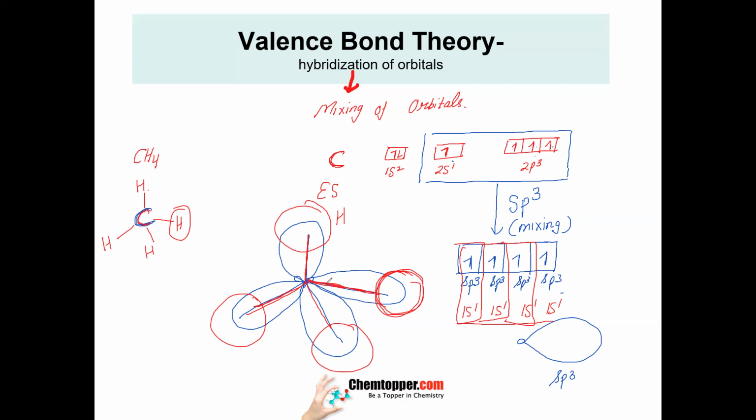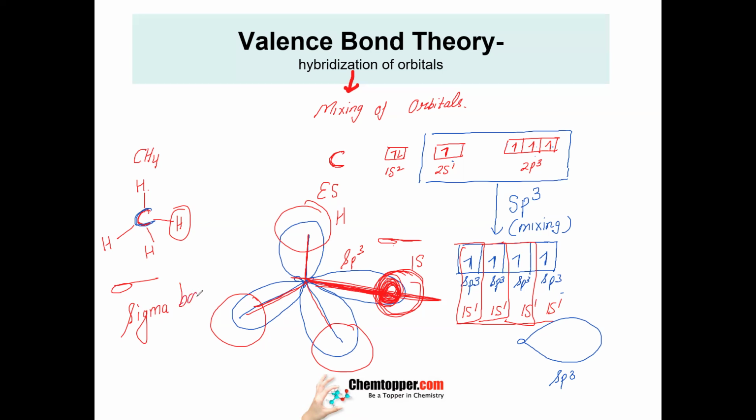Now, this is the axis of the sp3 orbital. This 1s of the hydrogen and sp3 of the carbon are overlapping on the axis. Real overlapping of the orbitals. You can see that they are sharing space like this. This is called a sigma bond. What is a sigma bond?